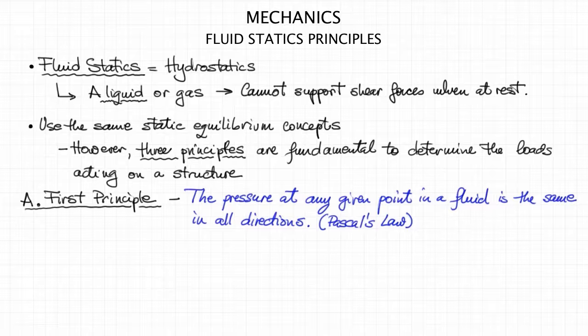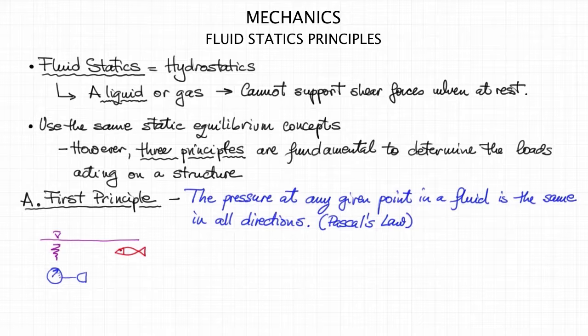So what this principle means is that, for example, if we are within a fluid, and we bring a pressure gauge, a gauge that can measure the pressure in the fluid in a given direction.